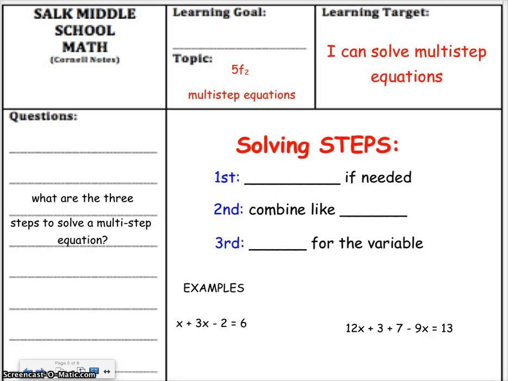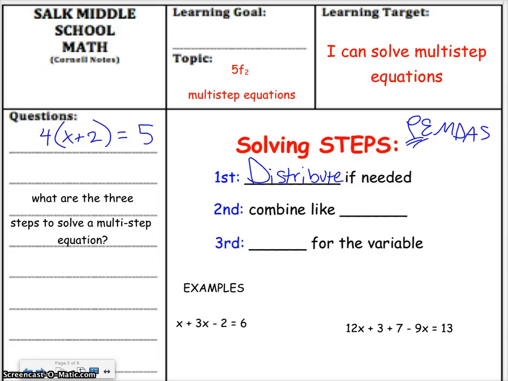Three main steps for solving today. What you want to do is distribute. That's the most important thing. And think about PEMDAS. PEMDAS starts with parentheses. If I'm given an equation, I've got to deal with the parentheses first.